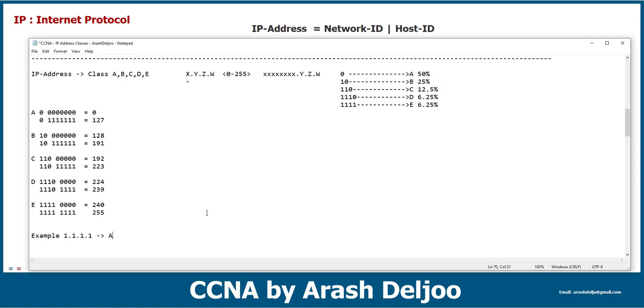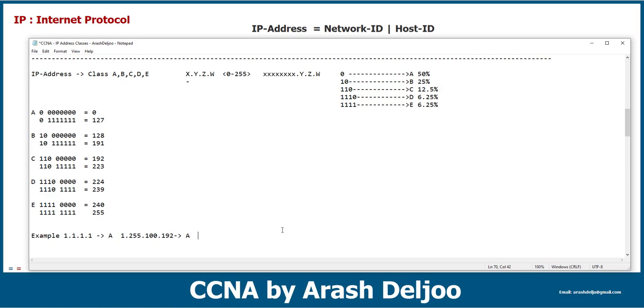Okay, this is a class A address. It's okay. 1.255.100.192. What is the class of this IP address? Again, class A. Why? Because only the first octet is important, and it is between 0 and 127.